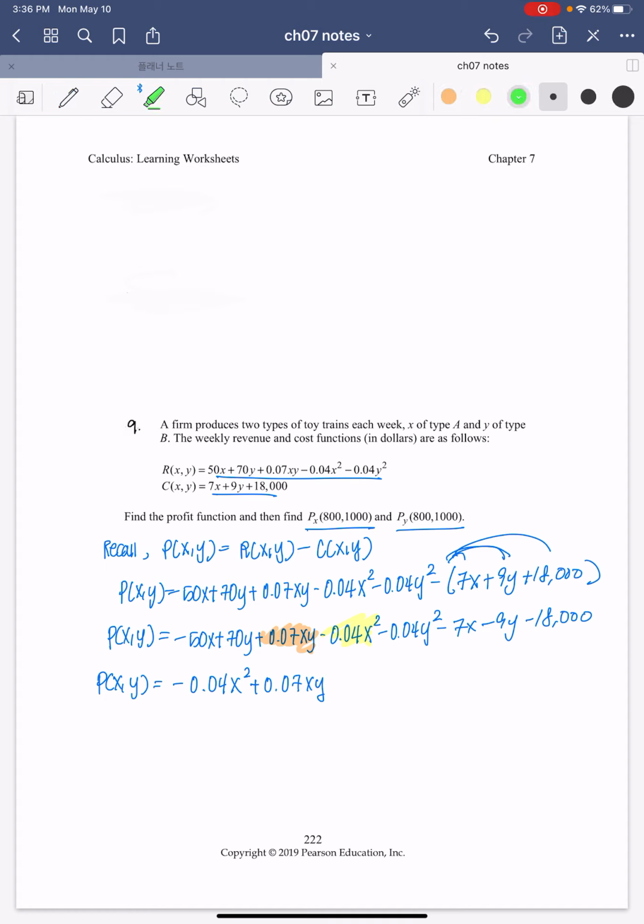And then we have a x function. We can combine negative 50x with negative 7x. So that's gonna make negative 57x. Oh, oops. When I copy, should be positive 50x. Made a mistake when I copy. This one is 50x. So 50 minus 7 will be actually positive 43.